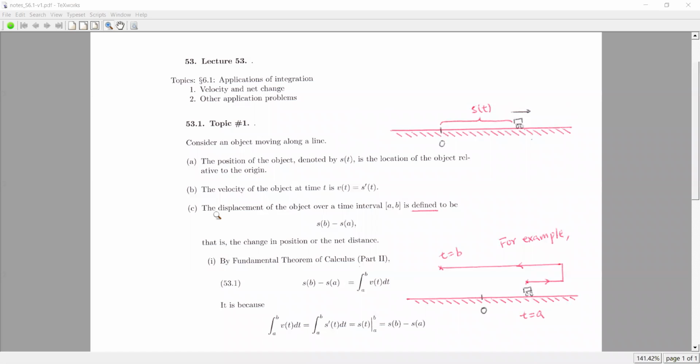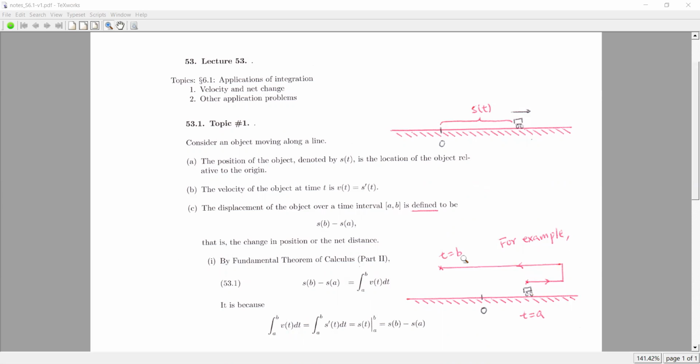C. The displacement of the object over a time interval from A to B is defined to be the position of the object at the time B minus the position of the object at the time A. For example, in this diagram, suppose when time is A, the object is here. And suppose in this time interval, the object first moves in the positive direction, then moves in the negative direction.